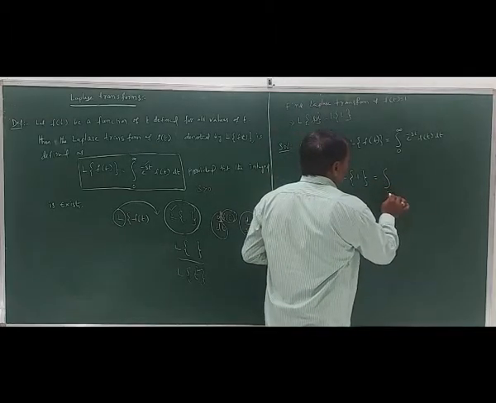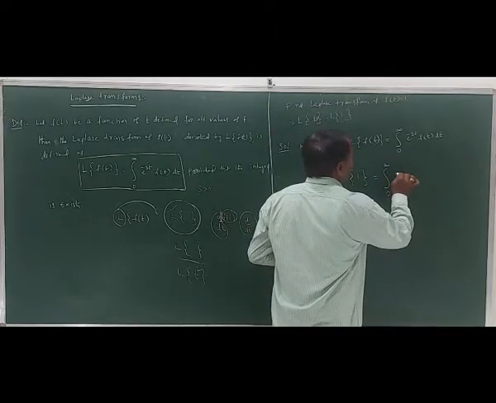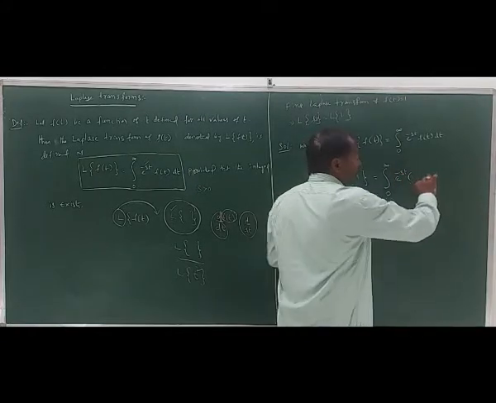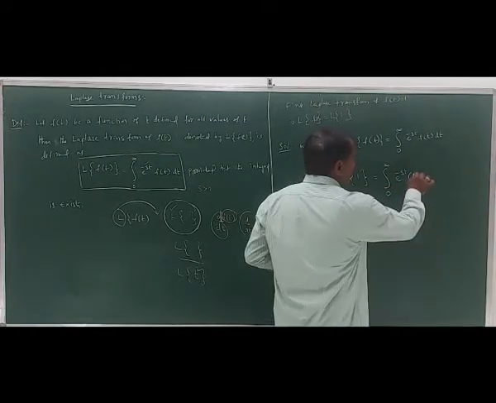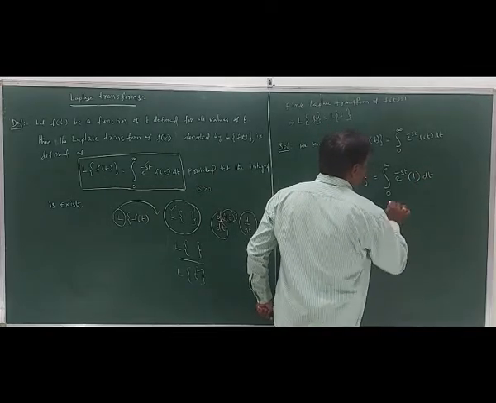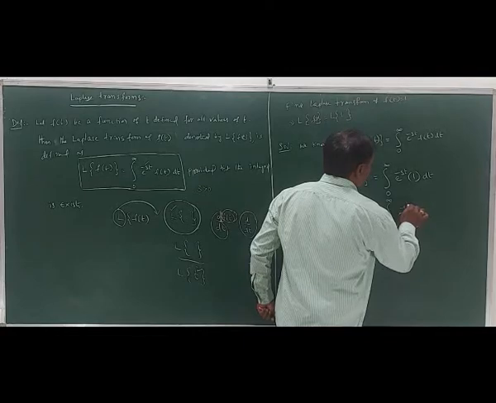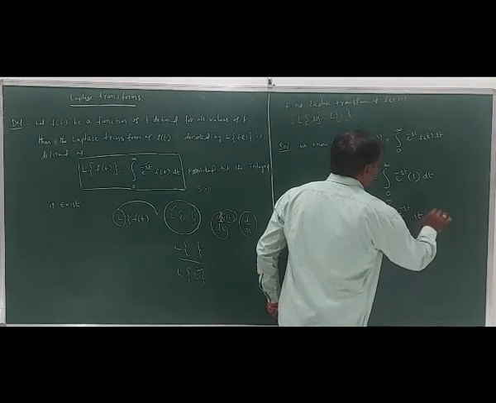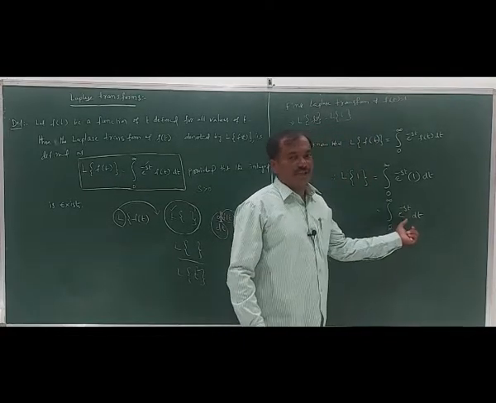So therefore, the integral from 0 to infinity of e to the power of minus st, what is f of t here? f of t equals 1, f of t dt. And this is equal to the integral from 0 to infinity of e to the power of minus st dt. We have to find the integration of this exponential function.